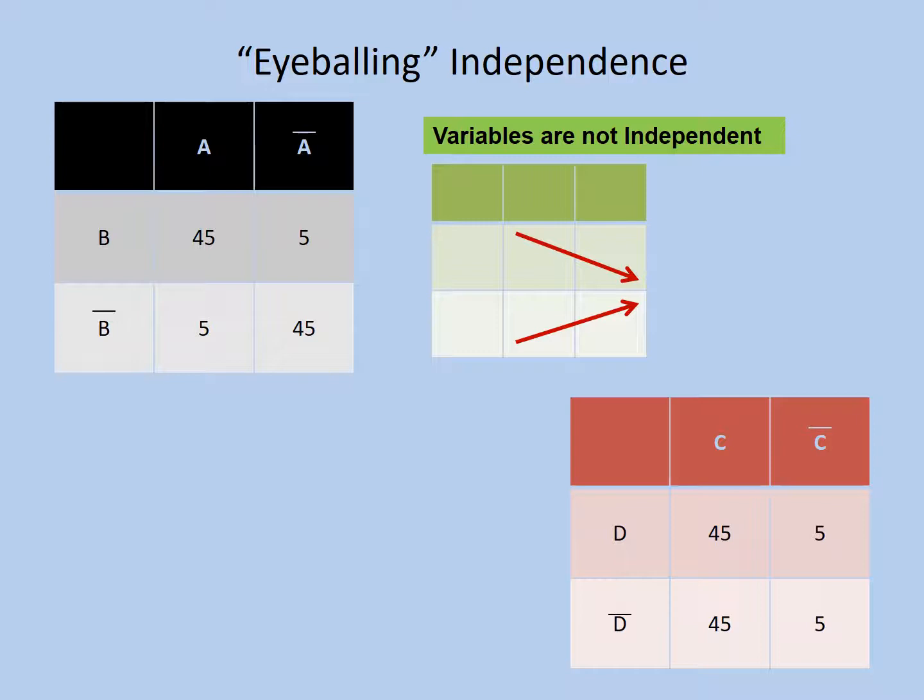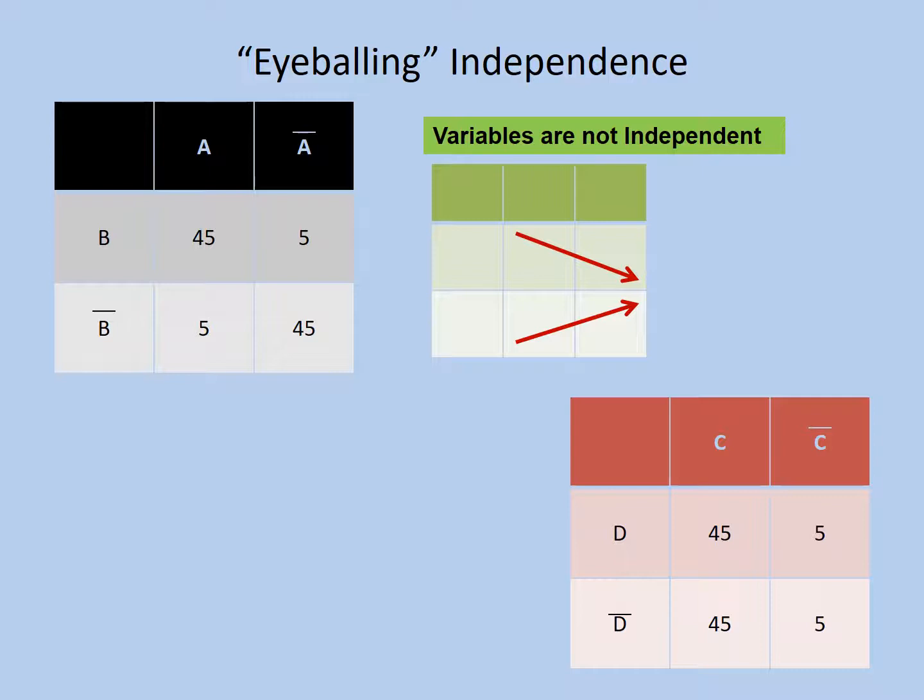We can eyeball these data by drawing horizontal arrows to compare how the data in one column changes to the other column for each row of the table. For the top table, in row B, the cell frequency decreases from 45 to 5, so we have drawn a downward arrow.